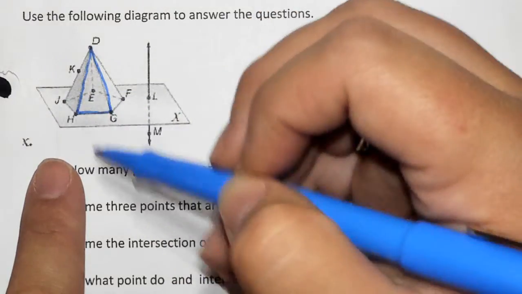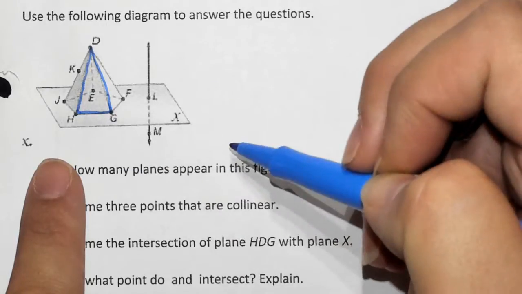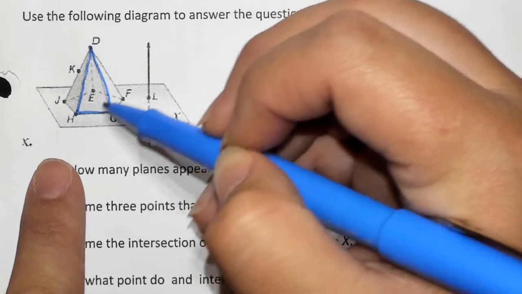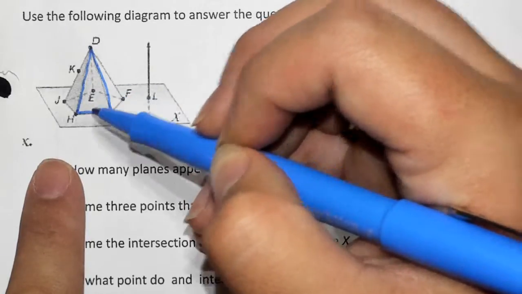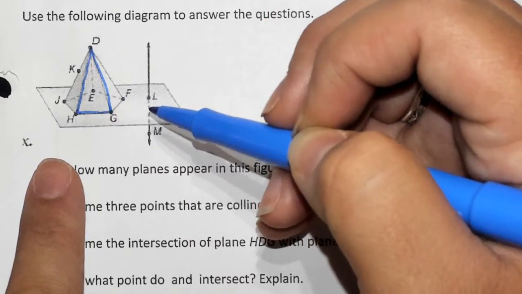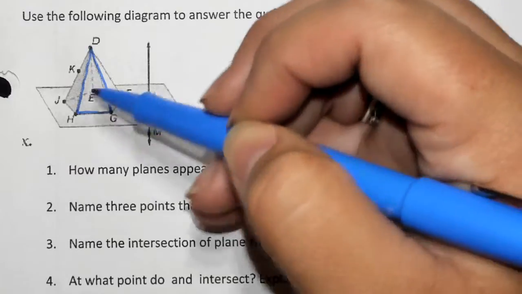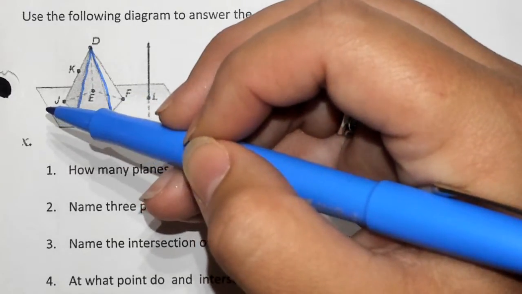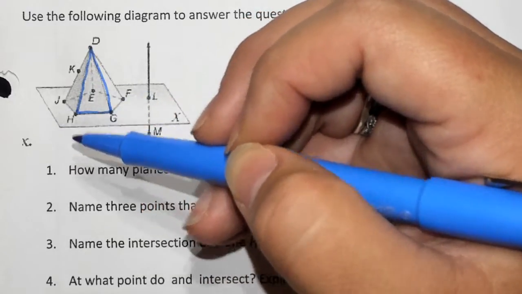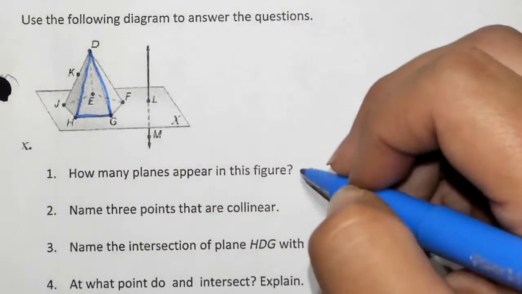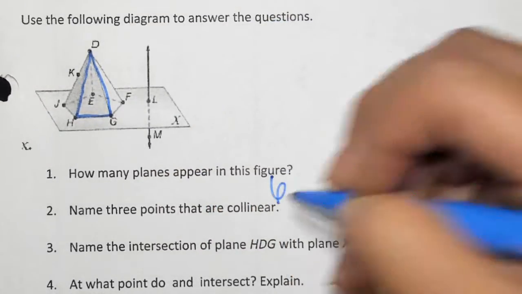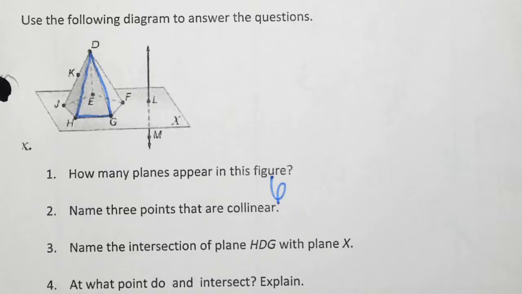That whole bottom piece is one piece. This right here, this pentagon-sided thing, isn't it on the same plane? So it's only one. This whole bottom piece is only one plane. So there's only how many? 6. Okay, great question. I'm so glad we went over that. So how many planes appear? 6.